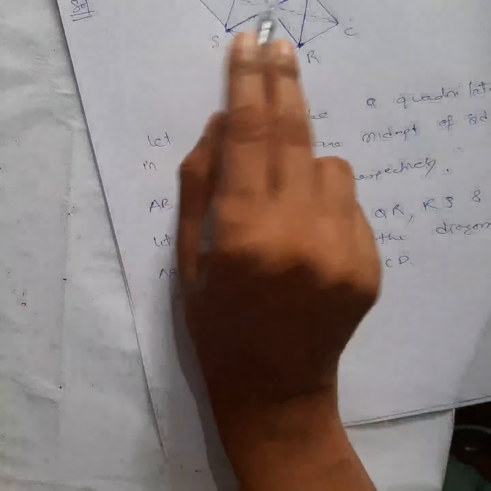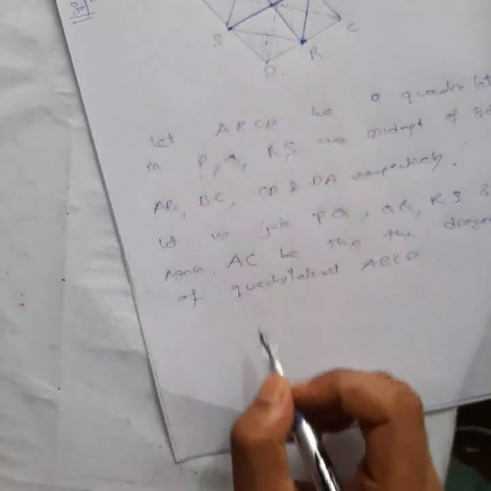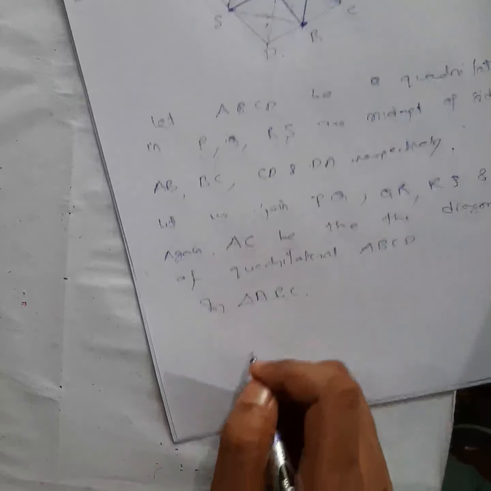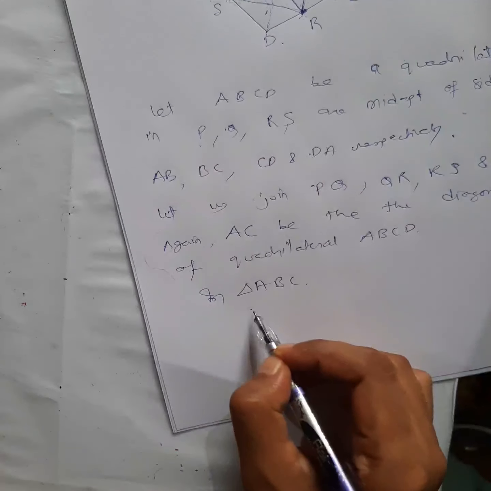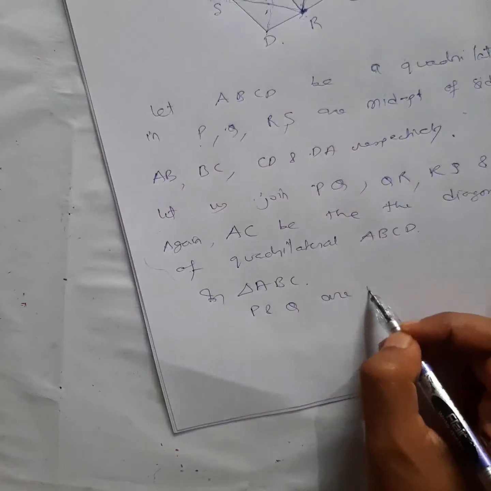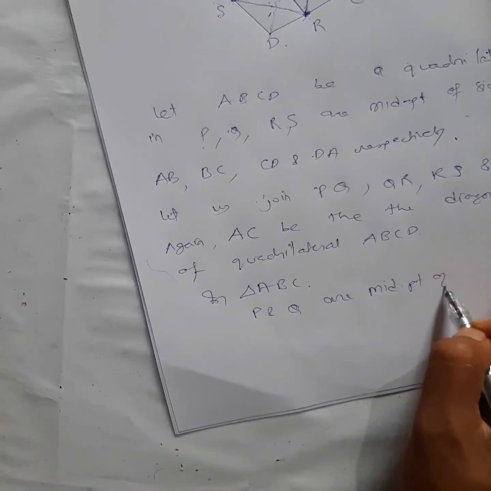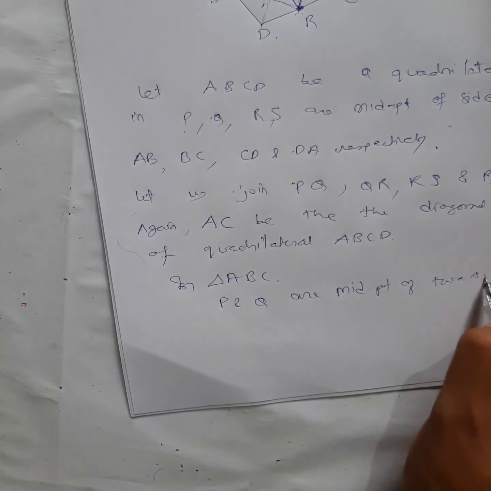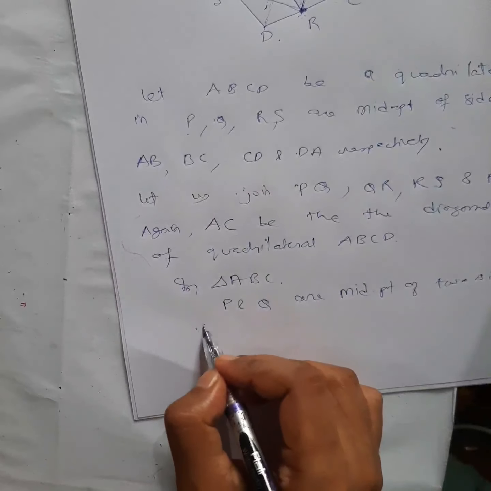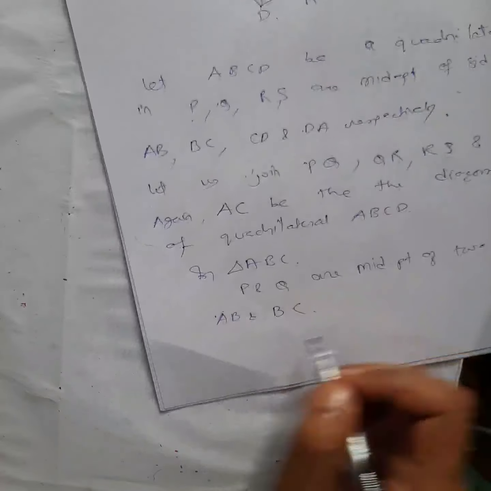Now we will start proving this parallel to this, and this parallel to this. So we will select this triangle. In triangle ABC, what can I say? P and Q are midpoints of two sides. Which two sides? AB and BC.